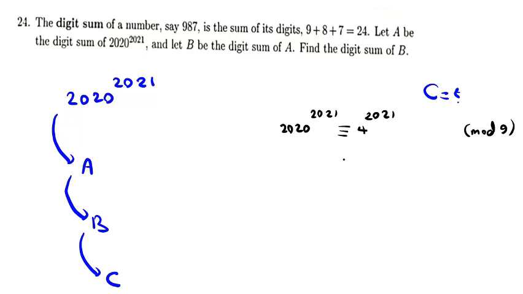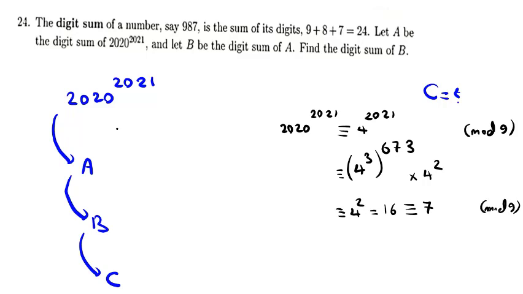And we consider 4 to the power of 3 is 64, which is 1 mod 9. So it will be 4 squared, which is 16, mod 9 is 7.